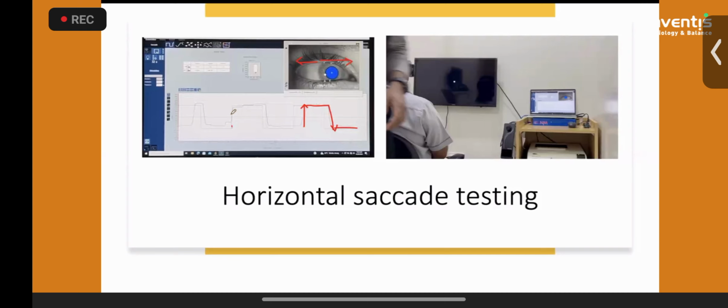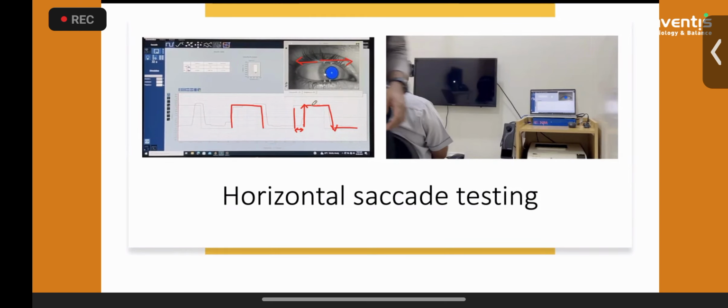You can see the green one is the stimulus, and there is a latency of up to 200 milliseconds, and then there is a saccade from left to right. Then it is maintained in that position, and then it can either come to the center or go to the left side.